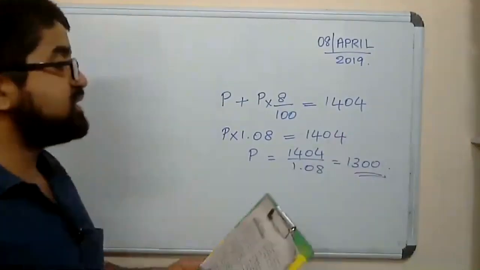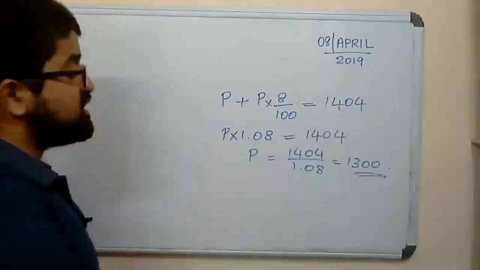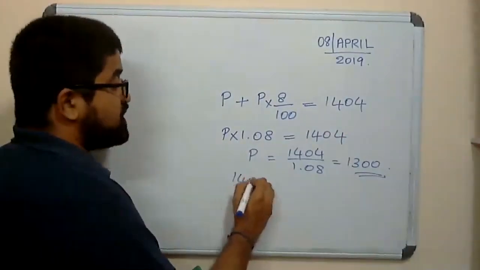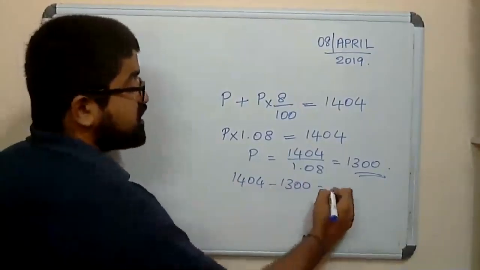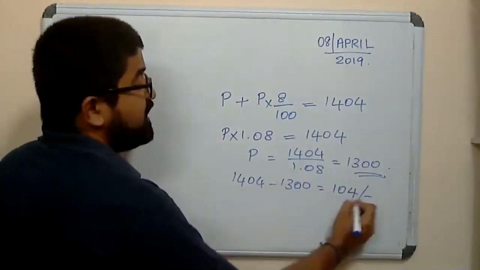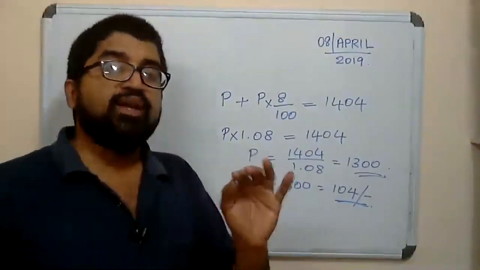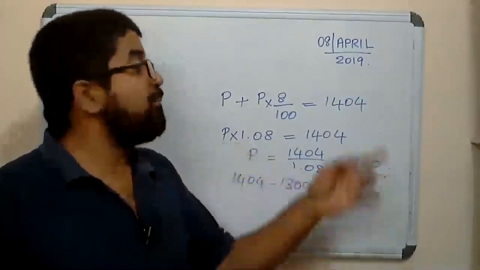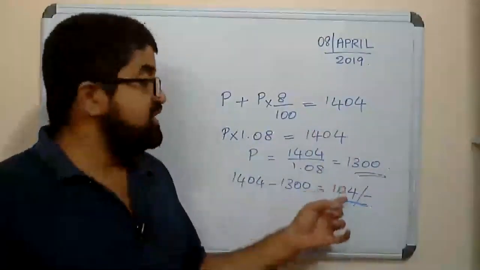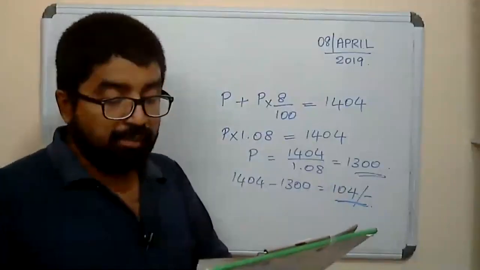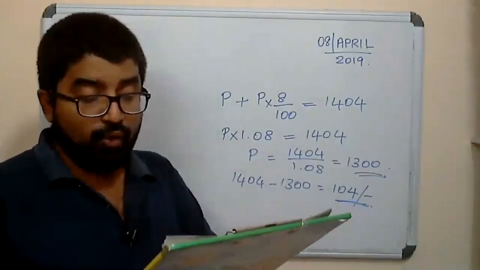So we can see that if the shopkeeper reduces the price from 1404 to 1300, that comes to a reduction of 104 rupees, then she will be buying this particular watch for 1404 rupees, and she is actually demanding the shopkeeper to reduce the price of the watch by 104 rupees.